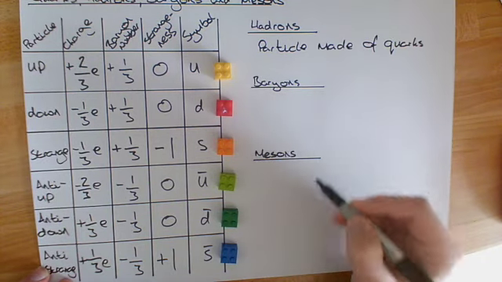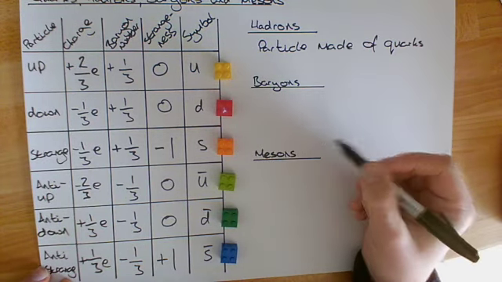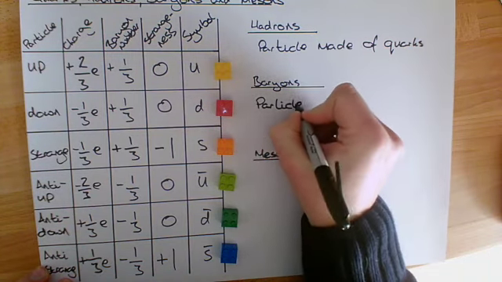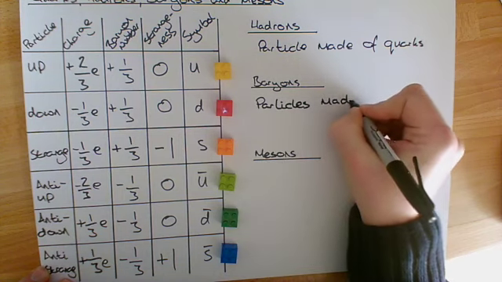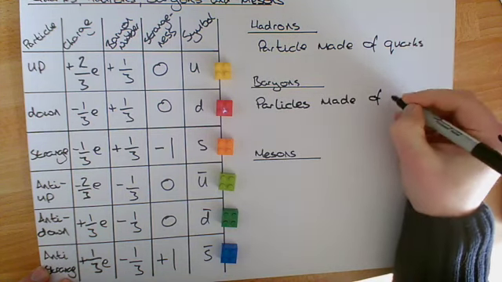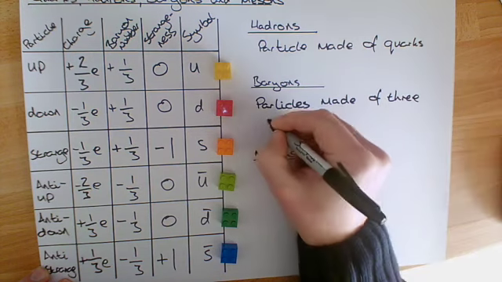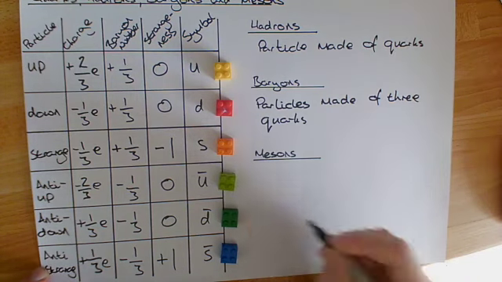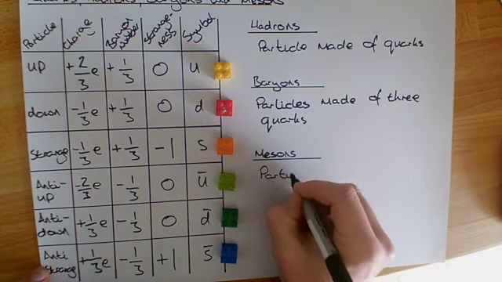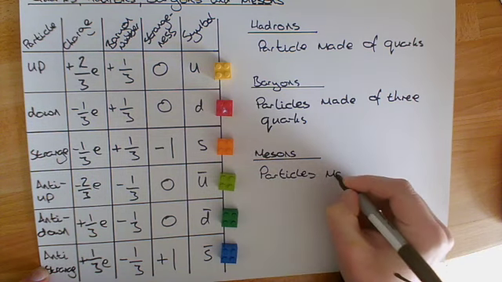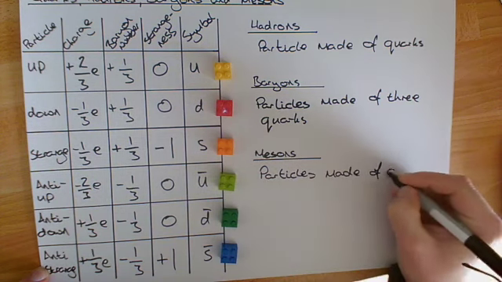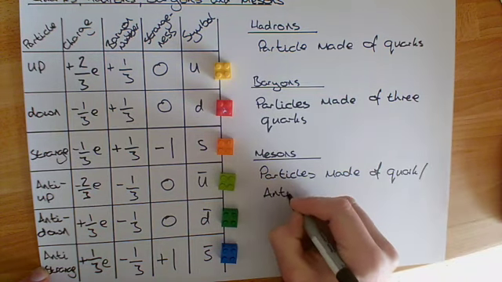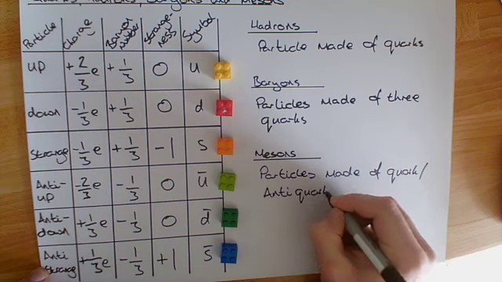We've then got that split into two other categories of particles. We've got baryons, and baryons are particles which are made of 3 quarks, and a group of particles called mesons, which are particles made of a quark, anti-quark pair.